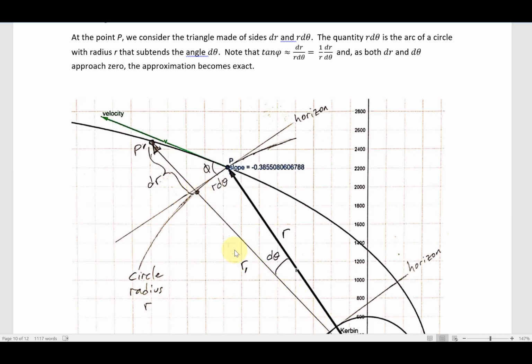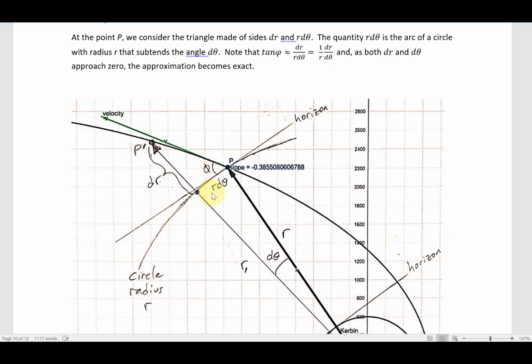R1 is the entire distance from the center of Kerbal out to that point P'. And so the differential in r is that change in the length of the radial vector. The tangent of phi is the opposite side of this triangle divided by the adjacent side, so dr divided by r d theta. That's an approximation for the tangent of phi.